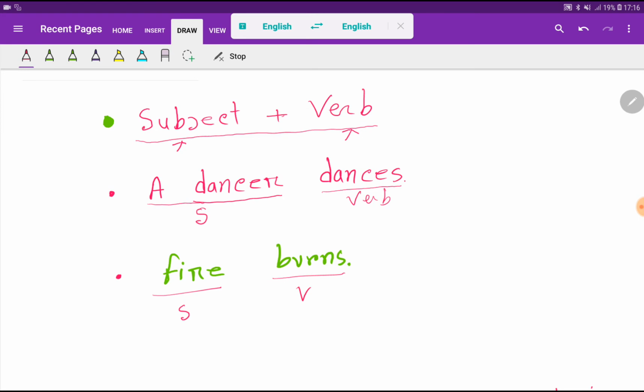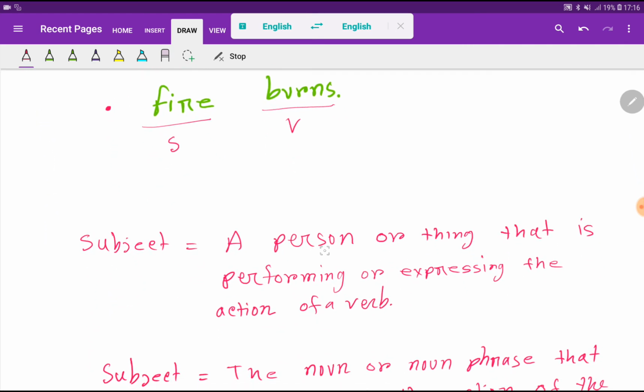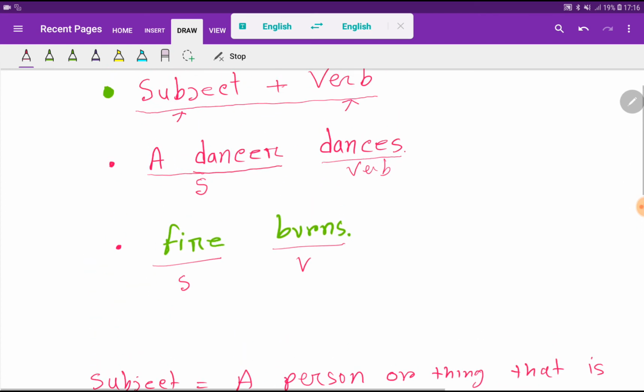Okay, so let me give you the definition of subject and verb. So look here. What is the subject? Subject is a person or thing that is performing or expressing the action of a verb. Look, here who dances? The answer is dancer.